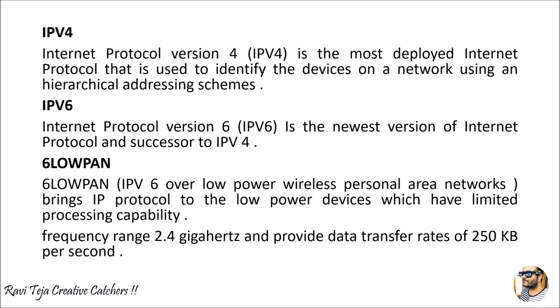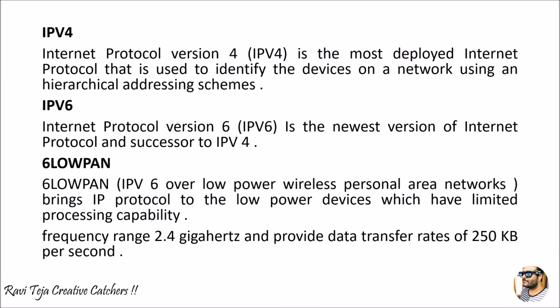And coming to 6LoWPAN, it's IPv6 over low power wireless personal area networks. It is an IP protocol especially designed for IoT devices, like low power devices which have limited processing capabilities.